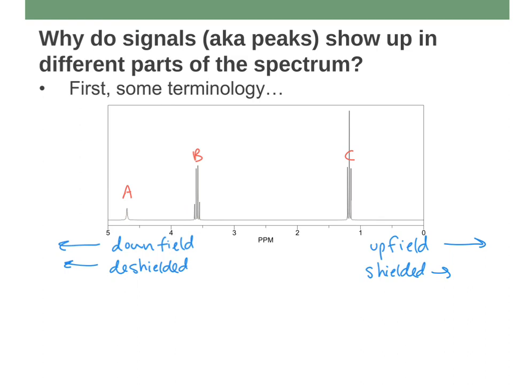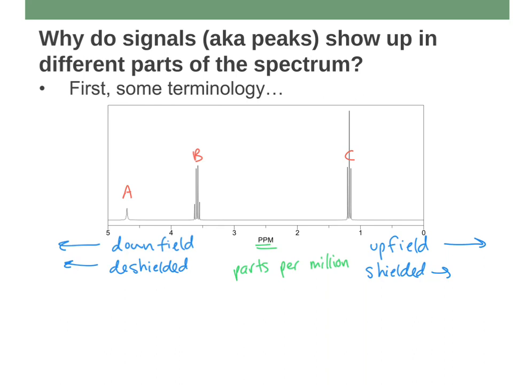Now, as far as this unit goes, ppm, parts per million, that comes from the fact that what we're measuring here is the frequency of the pulse used to tip the nuclei out of their field. We're not going to get hardcore into this.